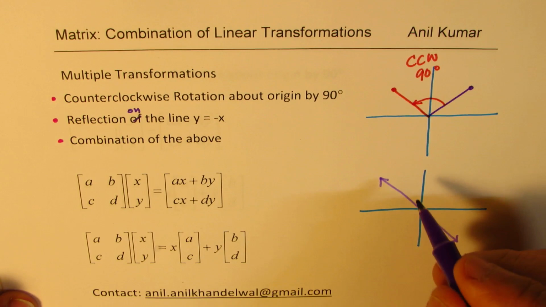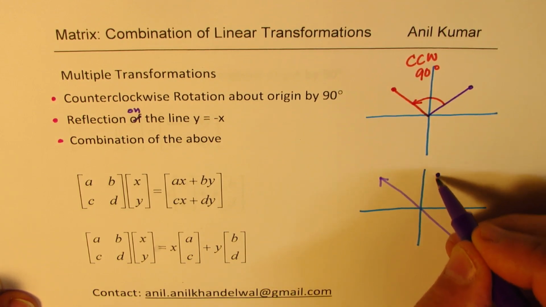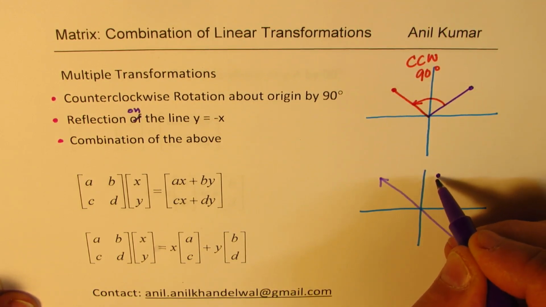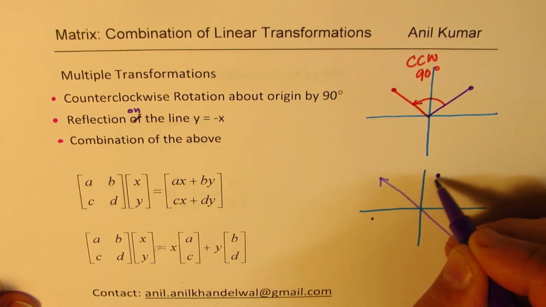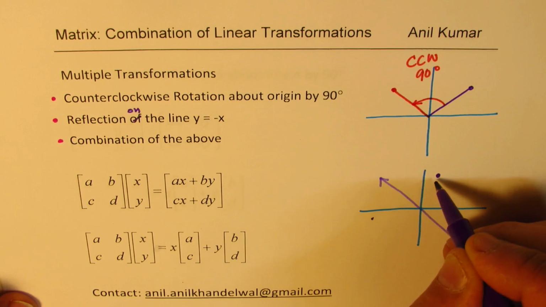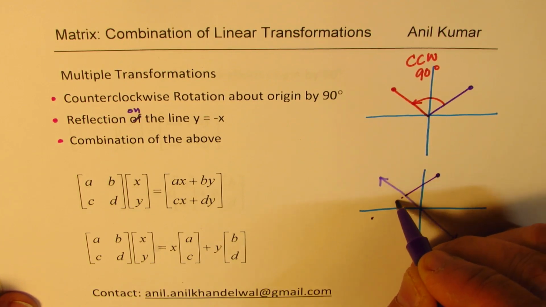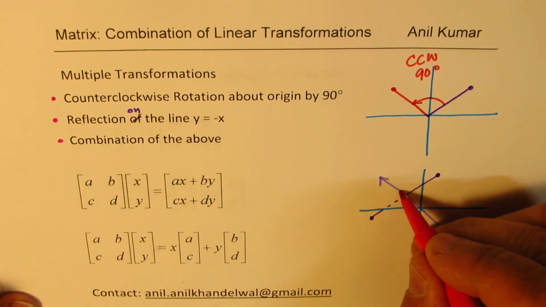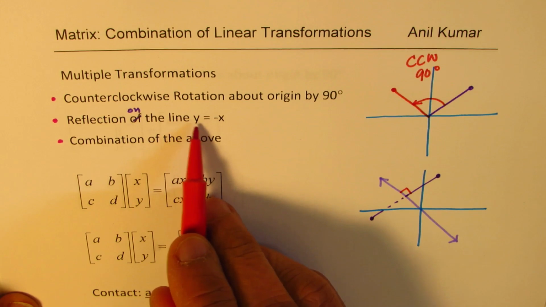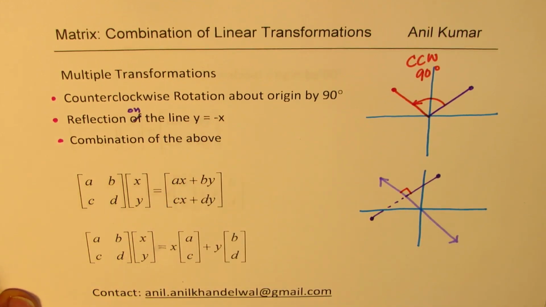Now if I have an object here, it reflects on this line and could be seen somewhere there, at the same distance away. So it could be reflected and seen on this side. That is the reflection on the line y equals minus x.